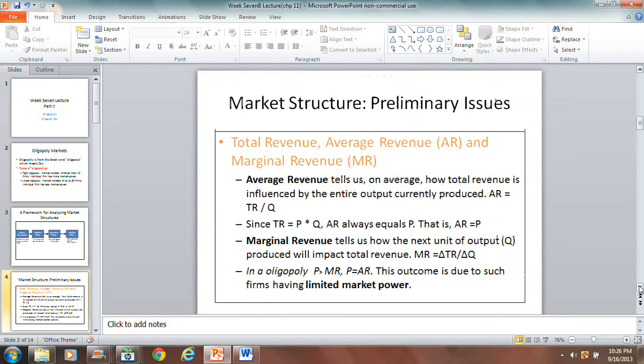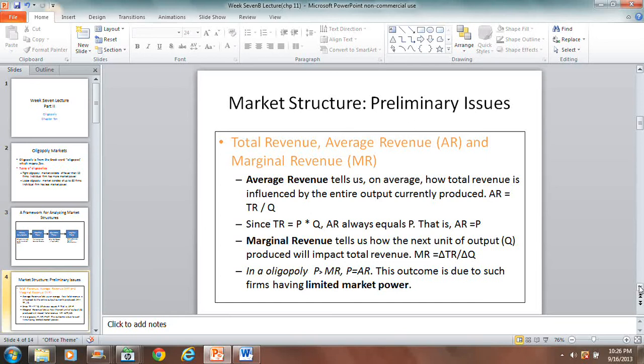All right, in terms of preliminary issues, the issue of total revenue, average revenue, and marginal revenue still concern us. Average revenue, as before, is simply total revenue divided by quantity, and of course that's the same as price. So average revenue in any context is a synonym for price.